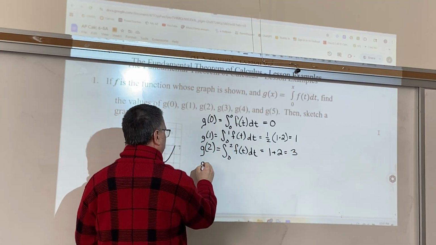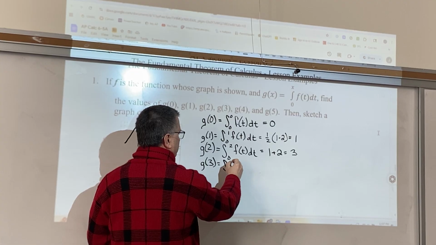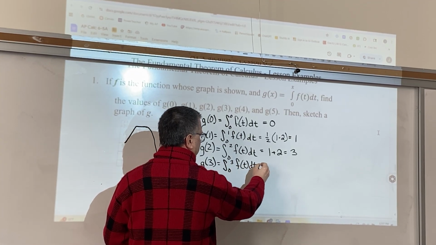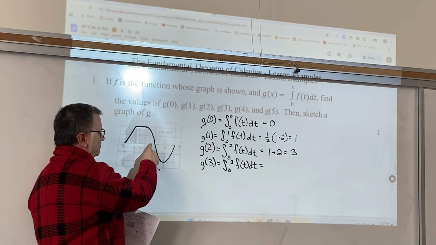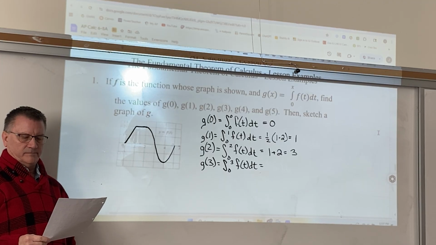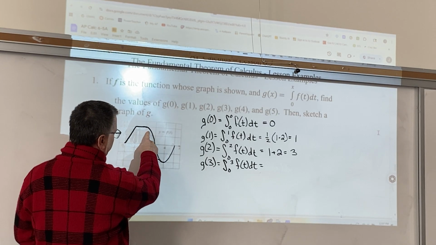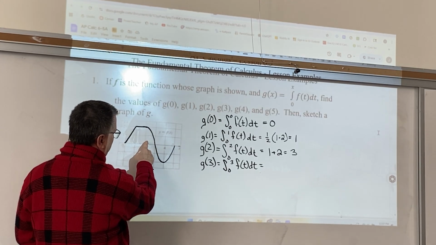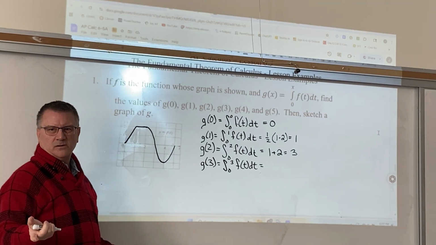Okay, now we got to do g of 3, sorry, which is the integral from 0 to 3 of this function that we graphed over here. So I've got this and this, and we may have to kind of estimate that area, right? What do we think this area is right here that we're adding? We probably have at least 1 full square and a little more.